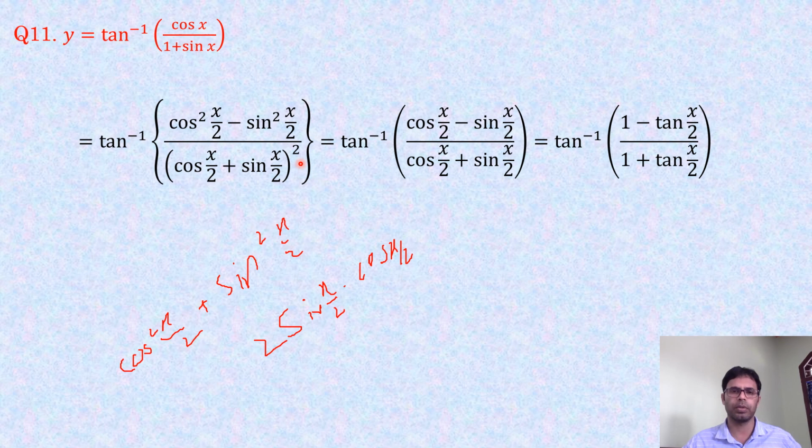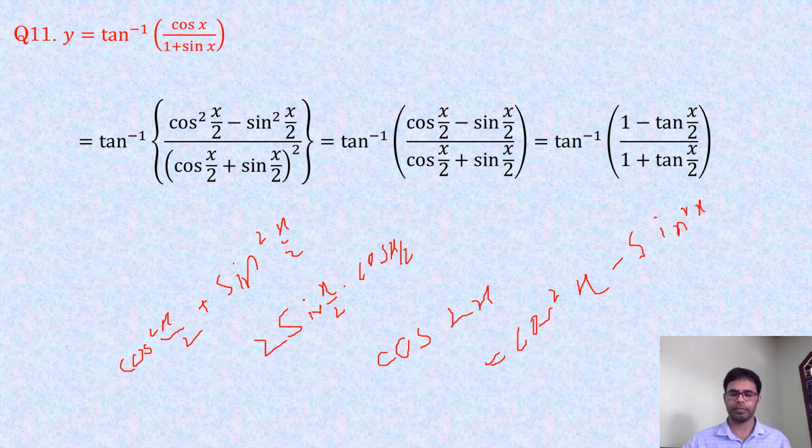In the numerator, cos x can be considered as cos 2 into x by 2, meaning the cos twice x formula is applied there, and cos twice x is equal to cos square x by 2 minus sin square x by 2. You know the formula cos twice x is equal to cos square x minus sin square x.